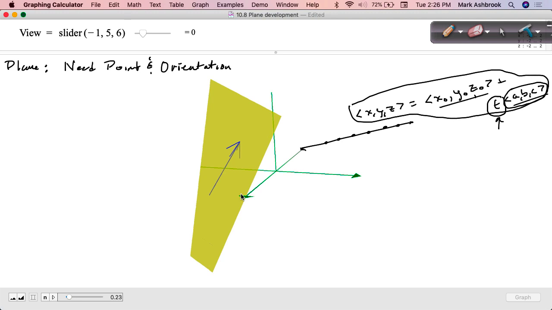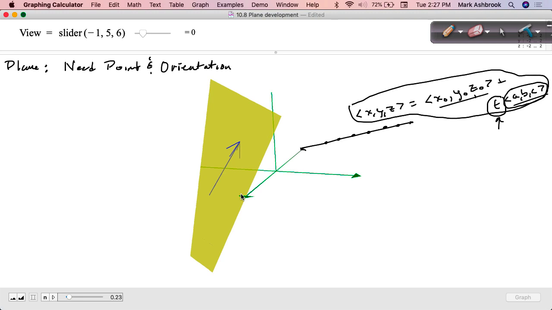Does that make sense? So this isn't going to do it. A vector that's parallel to the plane isn't going to lock in an orientation of the plane in space, because given a vector that's parallel, you have an infinite number of planes that could work.